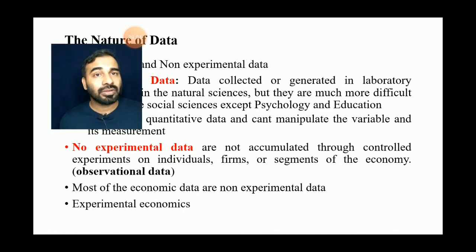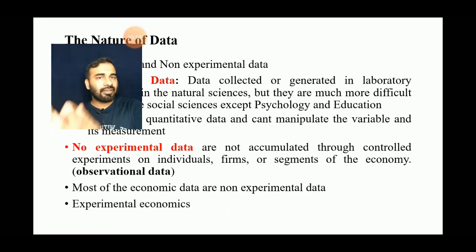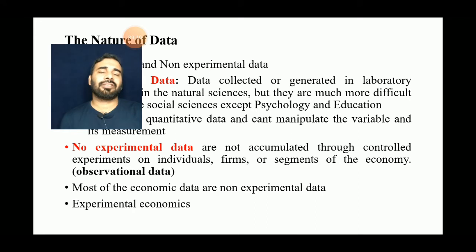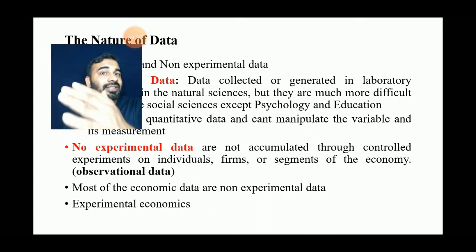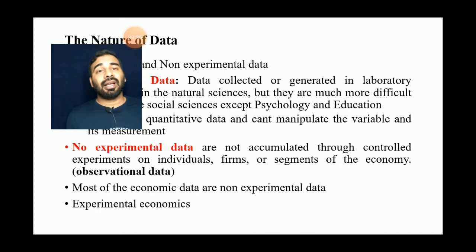They will identify certain pupils who are suffering from poverty, and they will give them education, and they will wait for 10 or 15 years to see what happened to those fellows. Then after 15 years they evaluate what happened to their poverty. This is some kind of an experimental approach to social science data.